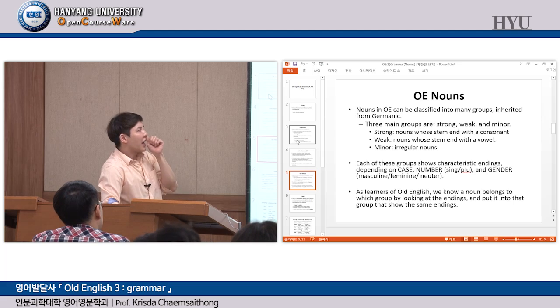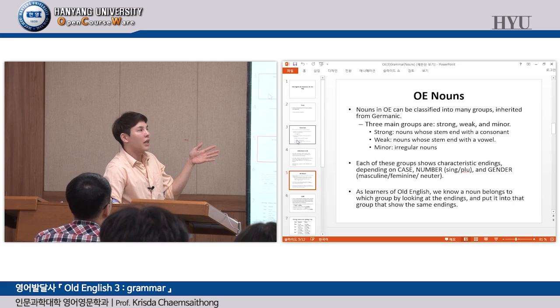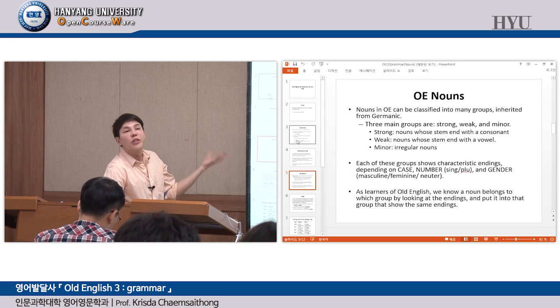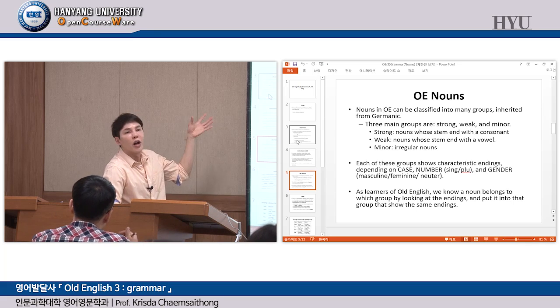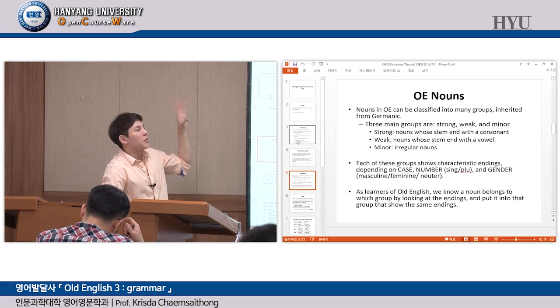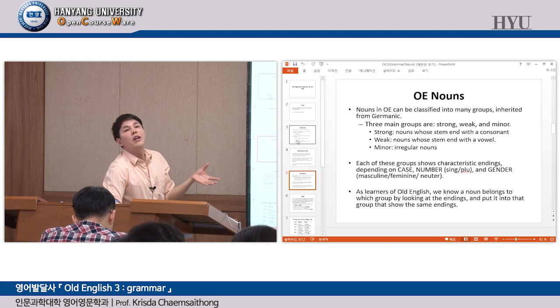These are just labels that we gave to them. There's nothing healthy about these nouns, and nothing weak about these nouns. We call them strong because this is the majority of nouns. Weak is the minority group, and minor are the irregular ones.